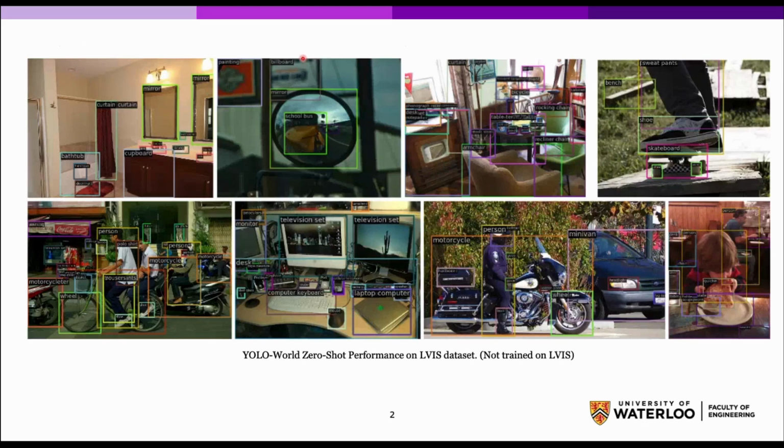Once they do that, you're able to achieve impressive zero-shot performance. For example, here are a bunch of images of YOLO World, a popular open vocabulary detector, on the ELVIS dataset, which is deemed pretty challenging.